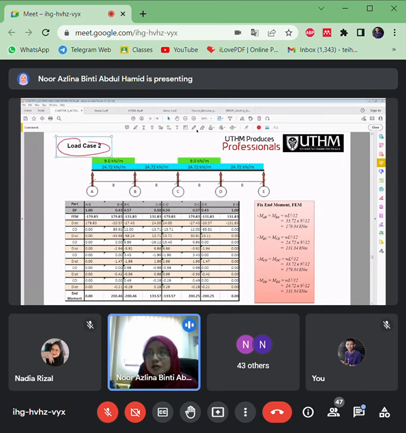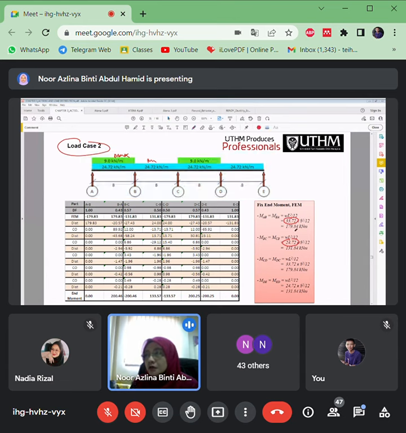The load case is the same too, but the difference is this is maximum, whose load consideration here is maximum for the first span, 33.72, and then for the second span the loading is minimum, which is 24.72.